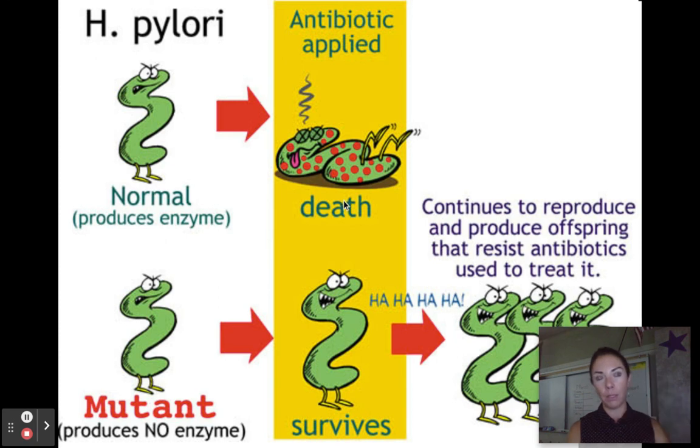We'll talk about this later in the year too. So the bacteria expresses a certain protein, the antibiotic identifies that protein and kills it. Well, my mutant here doesn't express that protein, so all of a sudden my antibiotic doesn't work. And then this guy is able to reproduce, and therefore the antibiotic does not work on this bacteria strain anymore.